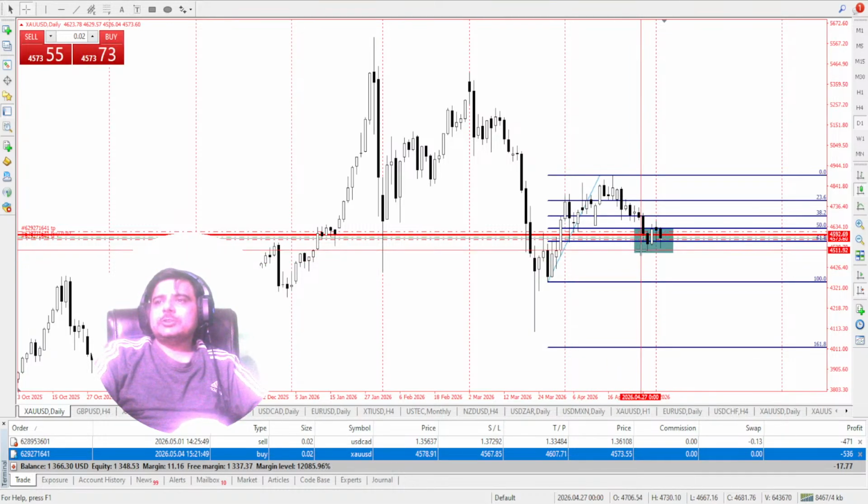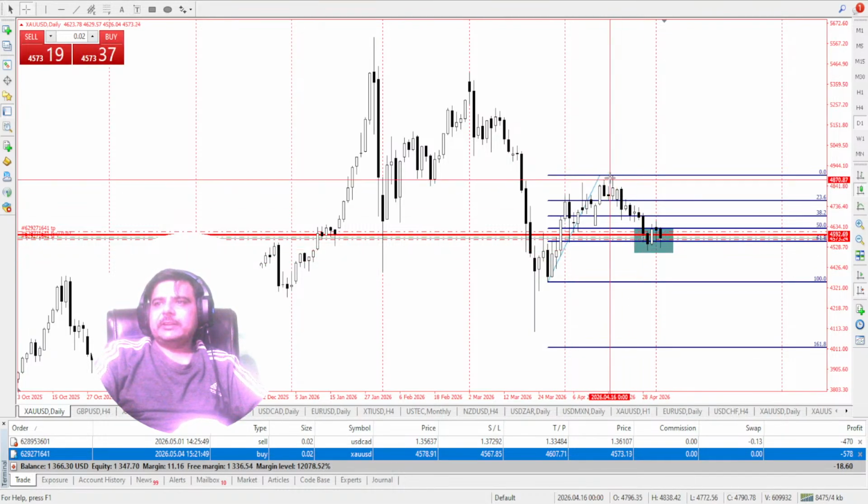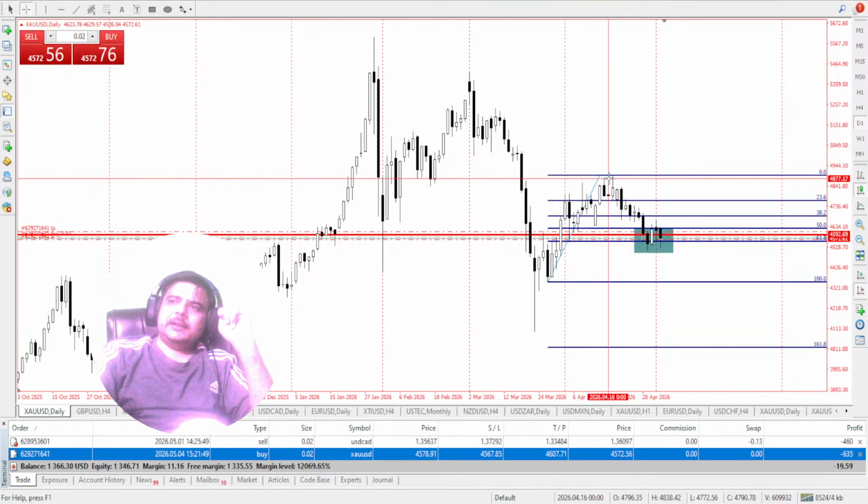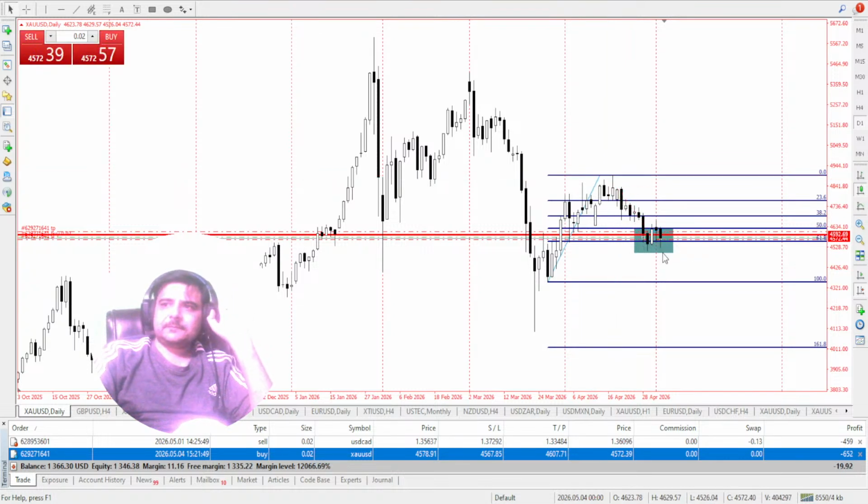And these bulls are waiting from when? From 16th of April. Today is 4th of May. I mean the monthly traders, the position traders, they were waiting for this level. Why they were waiting for this level?